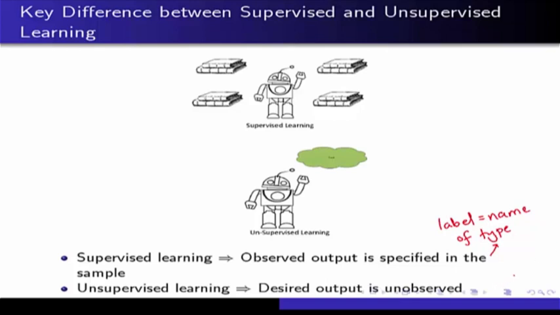In the unsupervised learning case, your desired output is unobserved or unspecified. So in the unsupervised learning case, you're kind of left guessing as to how these different instances should be grouped based on a hidden or unobserved label.